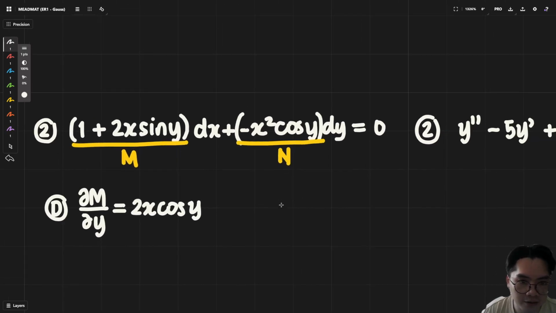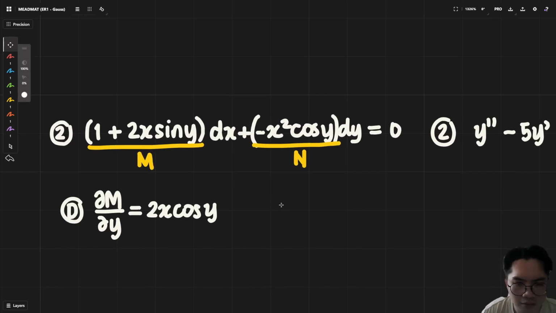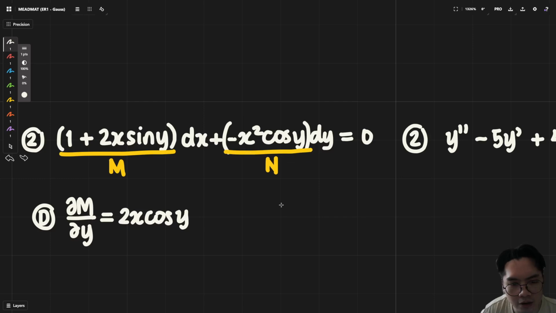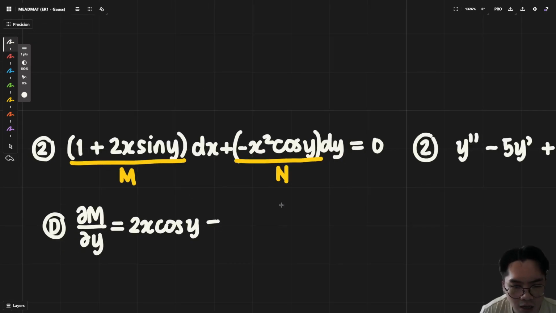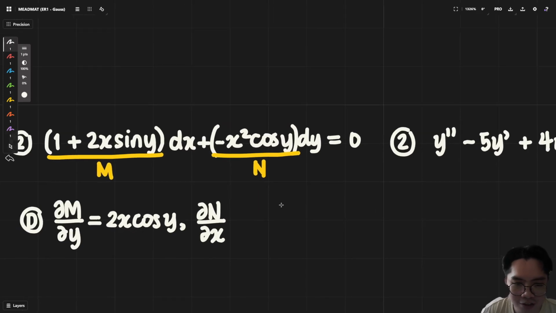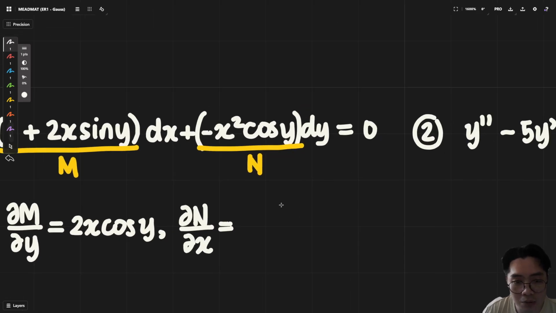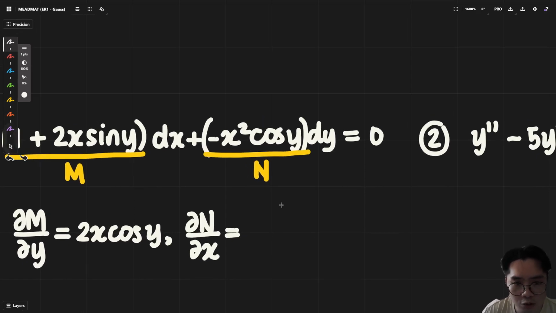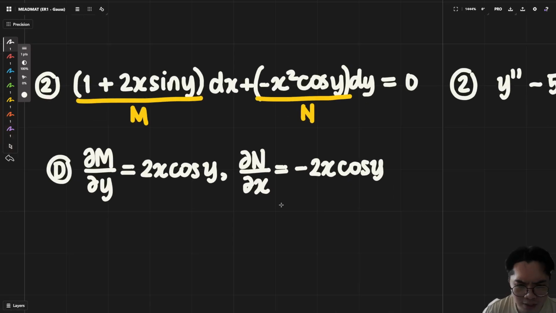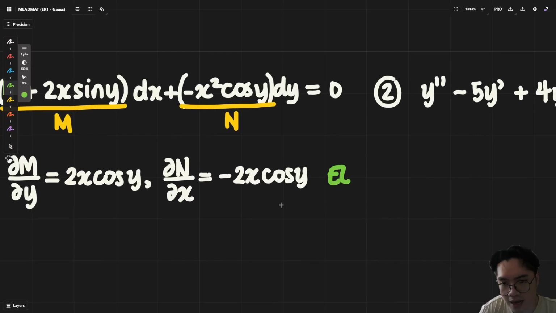On the other hand, the derivative of N with respect to x will be negative 2x cosine y. Now, you might say to yourself, well, it's close enough, this is positive, this is negative, this is good enough for exact equations, right?